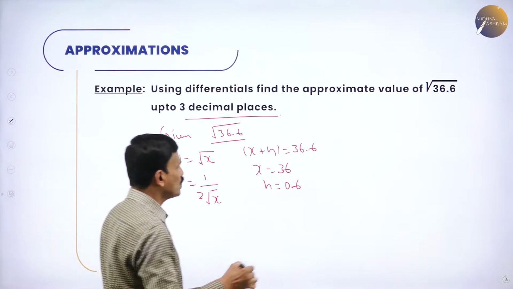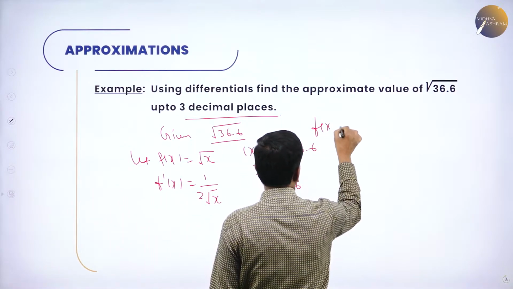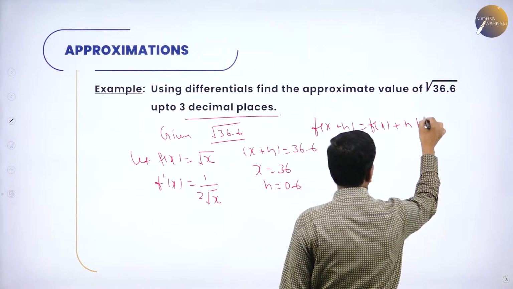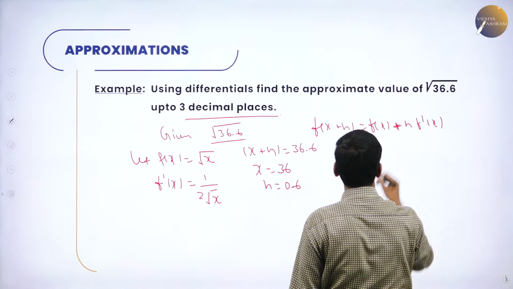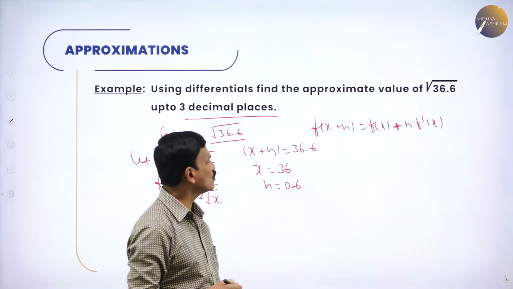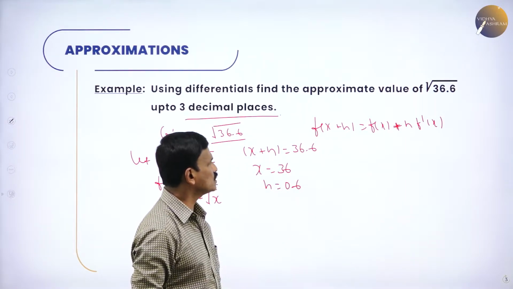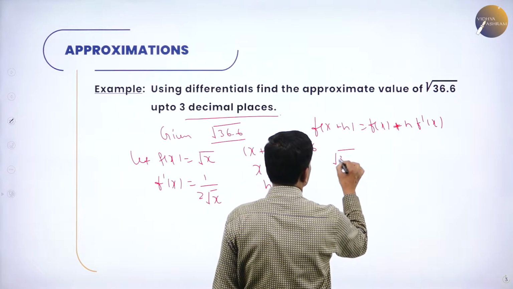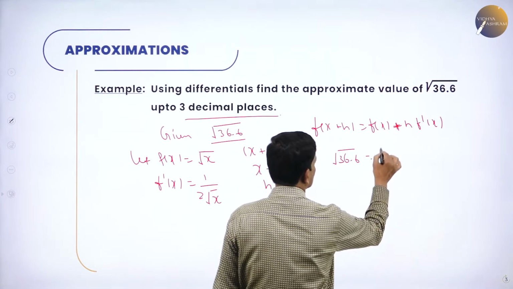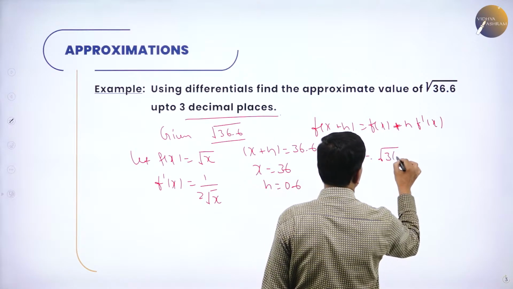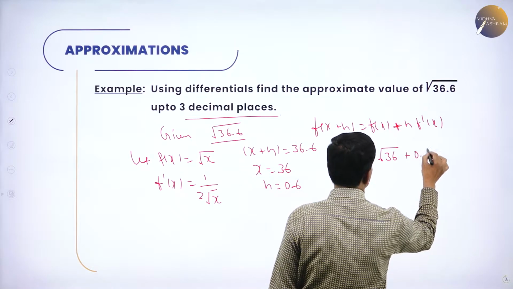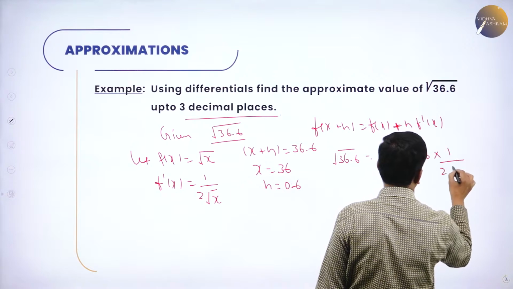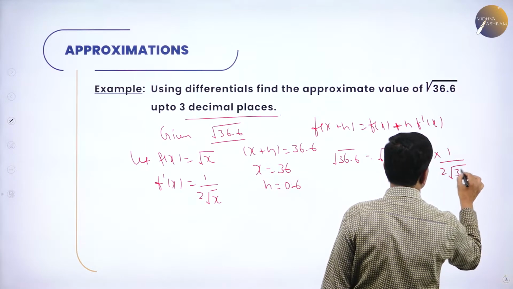Now what is the formula we are going to use? f of x plus h is equal to f of x plus h into f dash of x. This is the formula. So root of 36.6 is equal to f of x, that is root of 36, plus h, which is 0.6, into f dash of x, which is 1 over 2 root x, with x being 36.